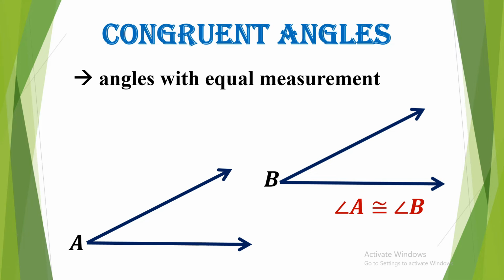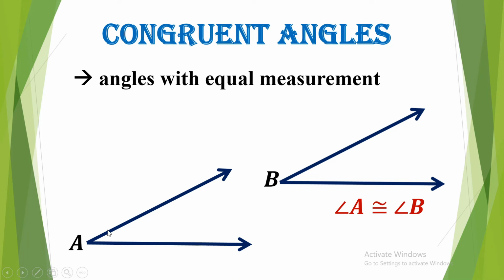And when we say equal, they have the same measurement. So when we say congruent, these are two figures with the same shape and size. So again, this is read as angle A is congruent to angle B.